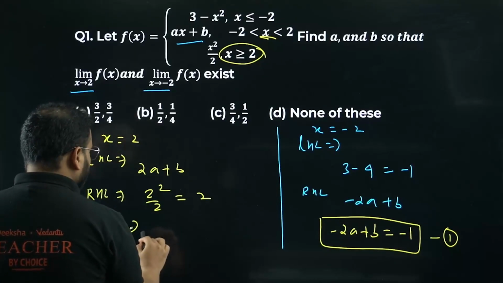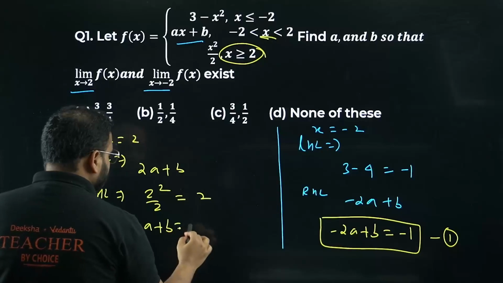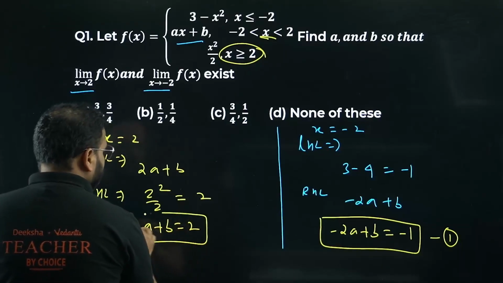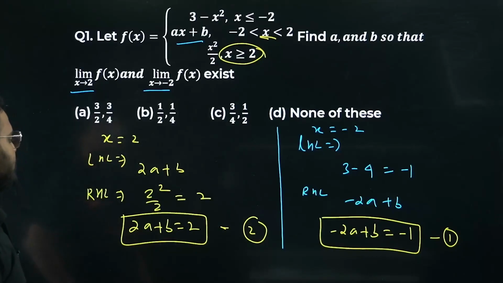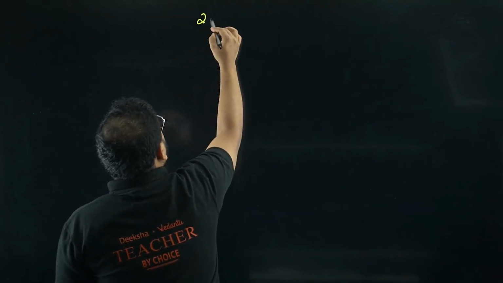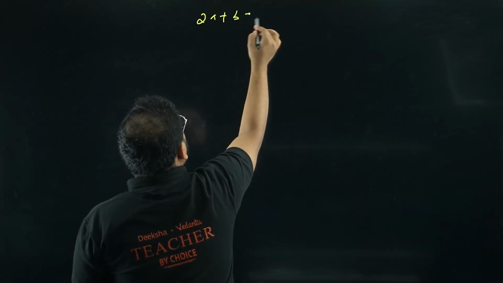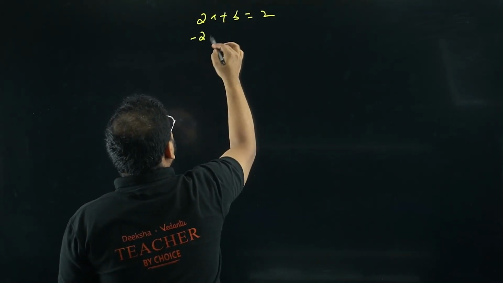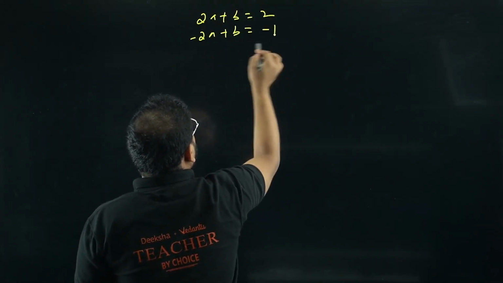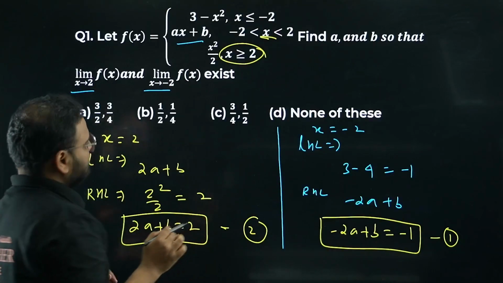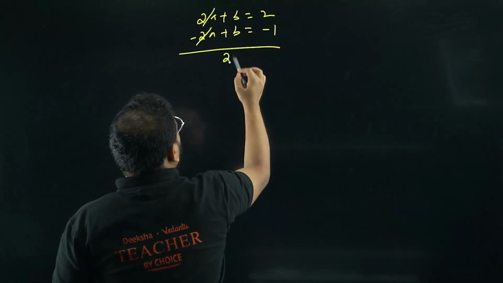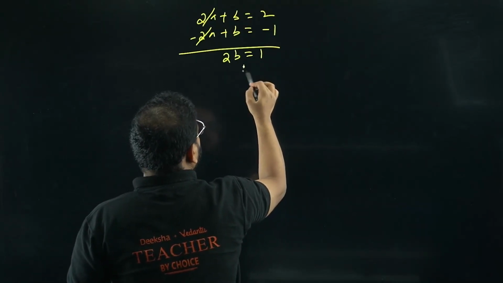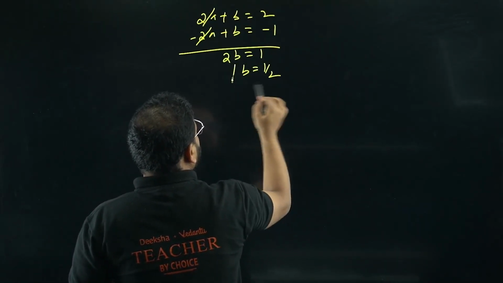So my equation will be 2a plus b equals 2. Now add equations 1 and 2. I get 2a plus b equals 2, and minus 2a plus b equals minus 1. Cancel, and I get 2b equals 1, so b equals 1 by 2.